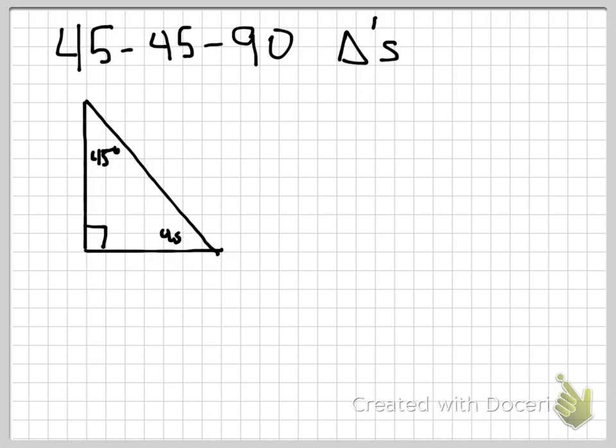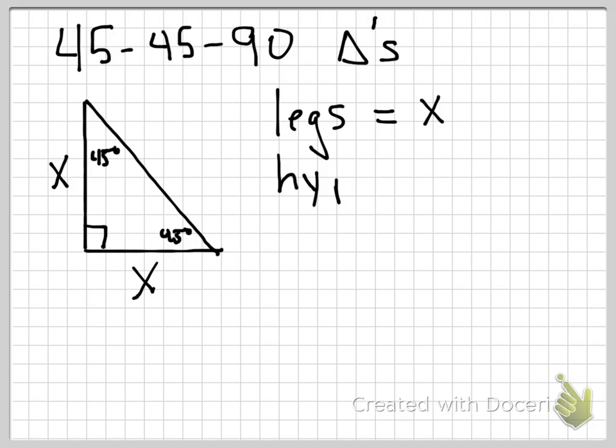45, 45. These are the same. So your legs are x, and your hypotenuse is equal to x times the square root of 2. X times the square root of 2, always. It doesn't matter what they are.